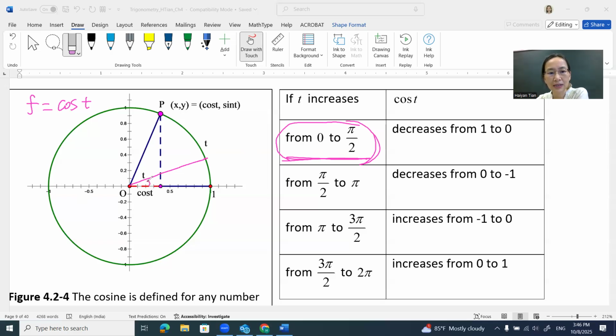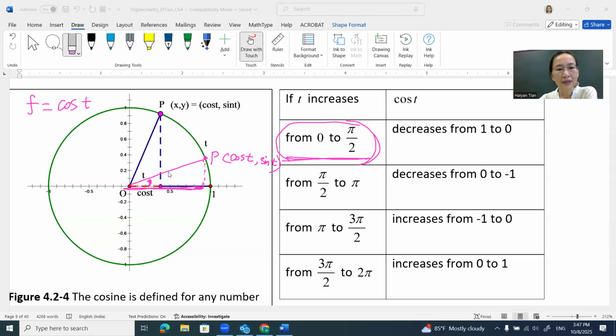This is the t, and for this t there is a point P, and the x coordinate of the point P will be cosine of t. The y coordinate will be sine of t. But right now we focus on cosine, so the x coordinate. So let's look at this point P. Its x coordinate is here in pink.